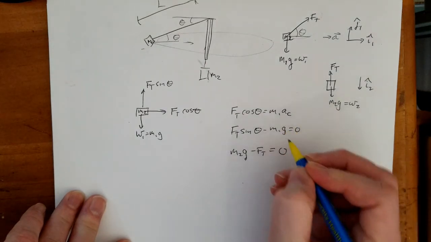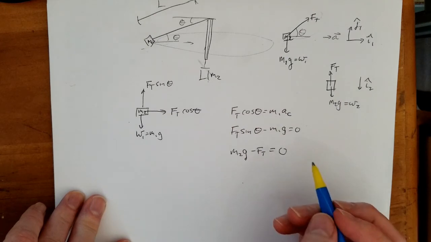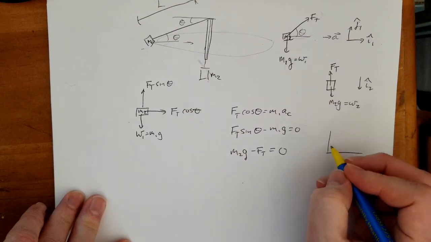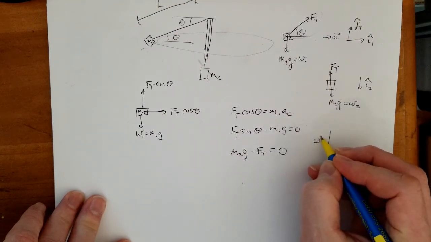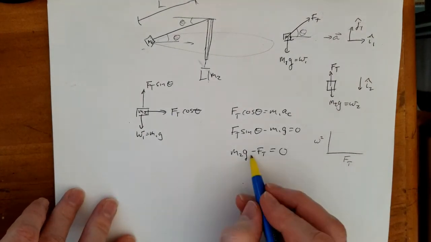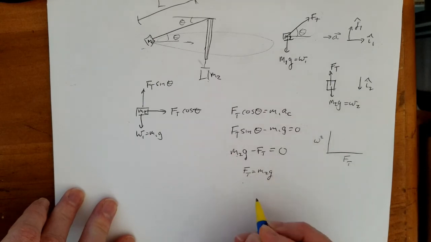So now, ultimately, in the graph, I'm plotting omega squared versus tension. So why don't we go with that? From this, I know what tension is. Tension is equal to m2g.